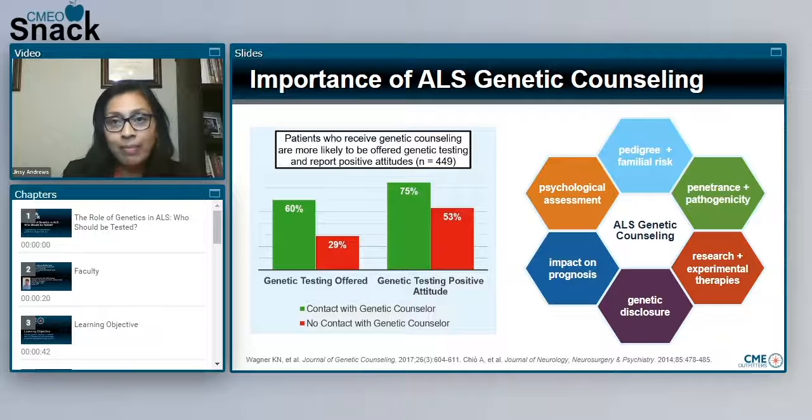And often for us, operationally, the genetic counselor does do a video visit. And in the US, there are licensing requirements in each of the states. So your genetic counselor who does the video visit needs to be licensed in the state where the person living with ALS is at when that video visit occurs.